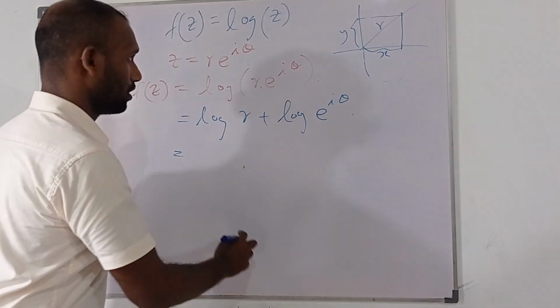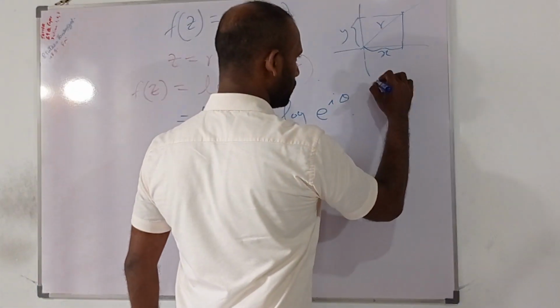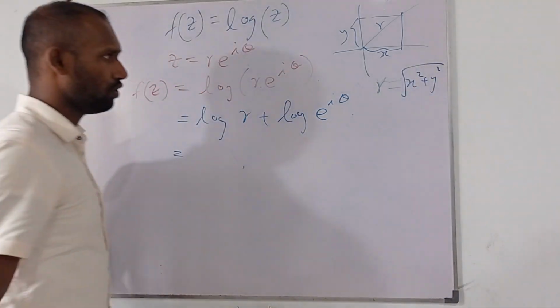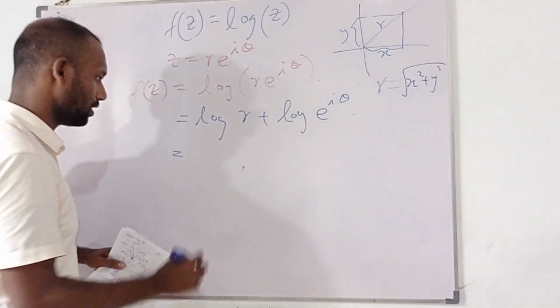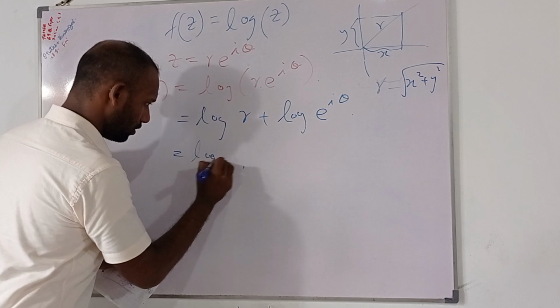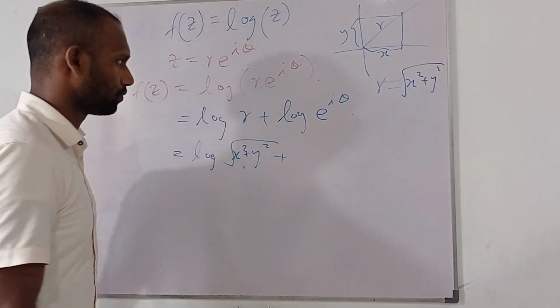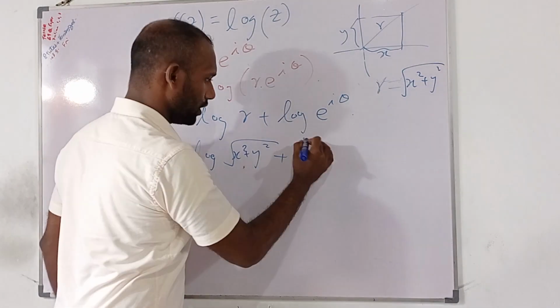So here r equals square root of x square plus y square. So log r plus i theta comes here.